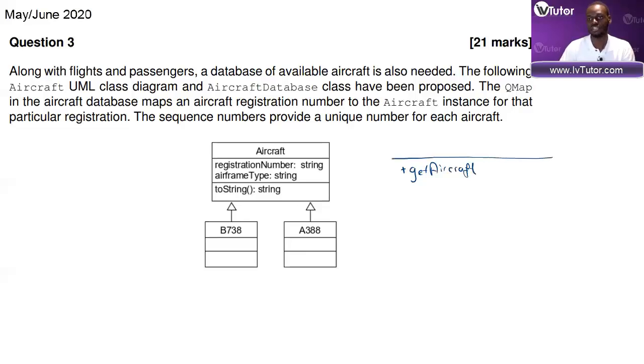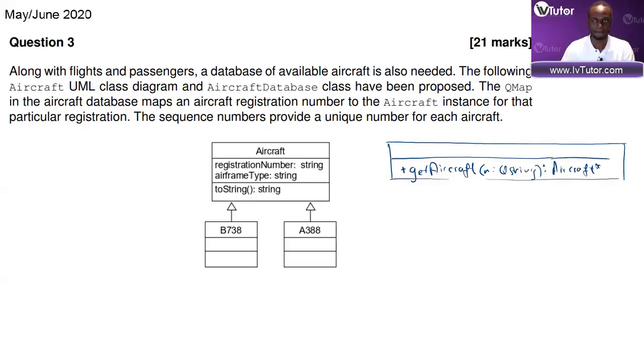factory, I'm going to have a function which requires a Q string, so that I can decide which aircraft to return, and this returns my aircraft pointer, right? And this would be my create aircraft class.